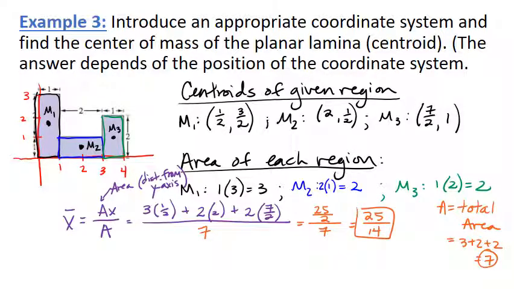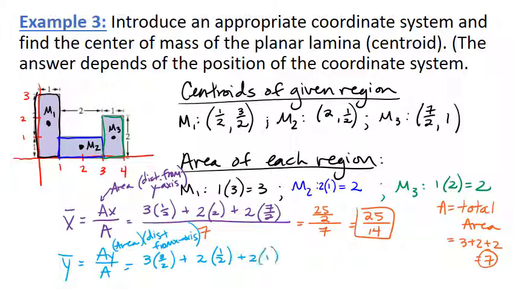I do the same thing for y bar. Y bar is found by taking A sub y over A, and A sub y is the area times the distance from the x-axis, rather. So this area is 3 times the y value, which is 3/2, plus 2 times 1/2, plus 2 times 1.